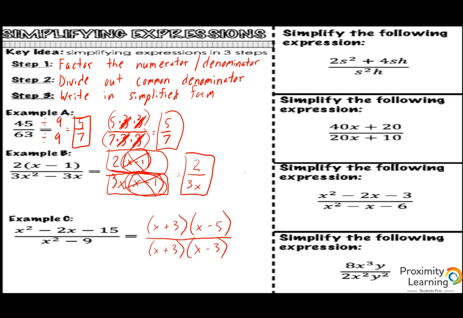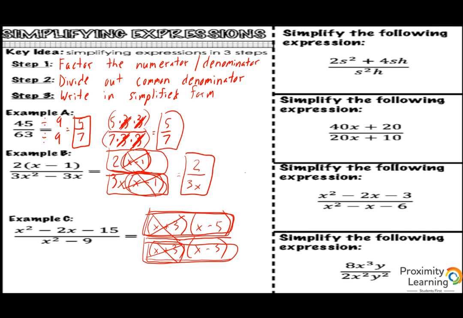So that's step one. We factored out the numerator and the denominator. Now we're going to divide out the common factor. So looking at our denominator and looking at our numerator, a common factor is this x plus 3. They both have it. So they cancel each other out. All right.